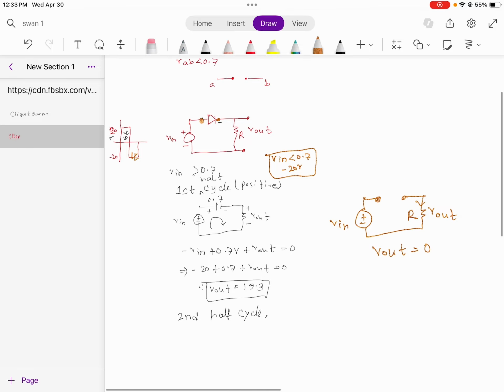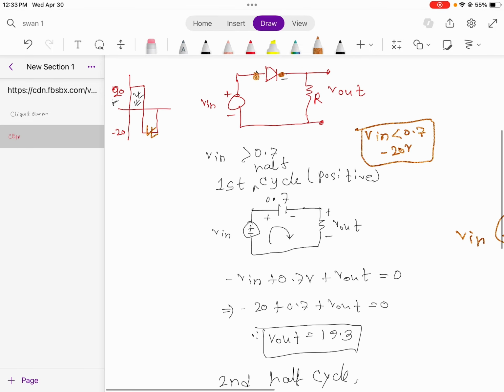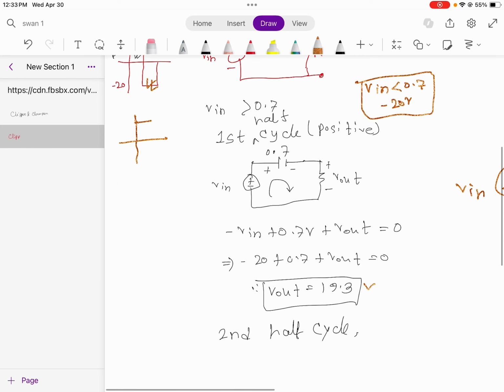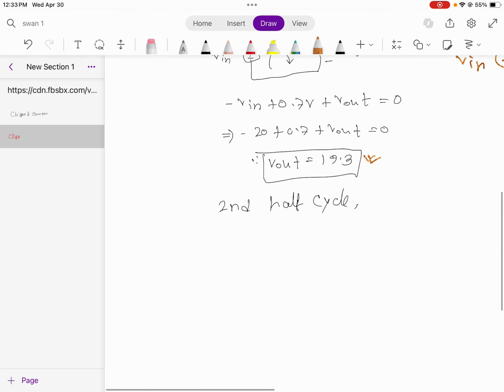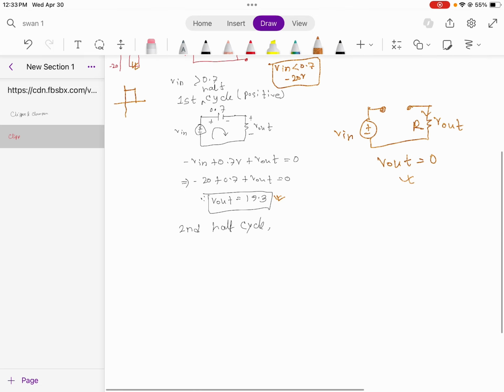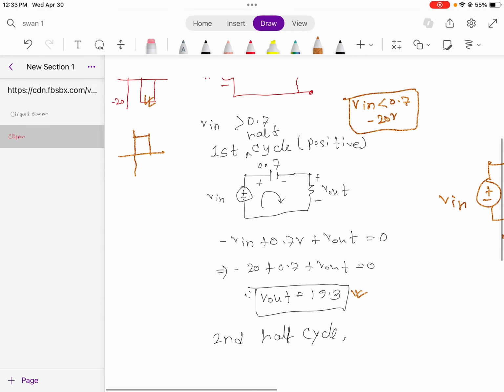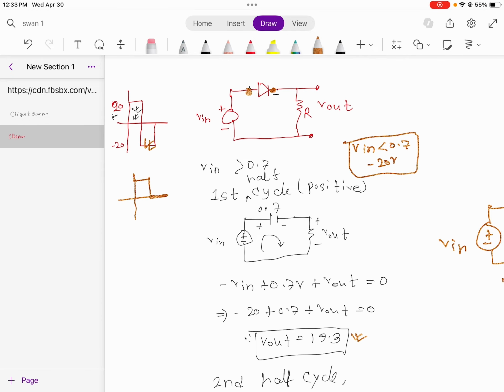Now if we draw the output curve, we can see that for the first positive cycle there is a voltage of 19.3 volt, but in the second half cycle the output voltage is 0. We draw this voltage, and if we continue, since it's a pulse wave or square wave, there will be continuation: again we get the positive cycle, and again there is a 0 voltage, and it will continue.